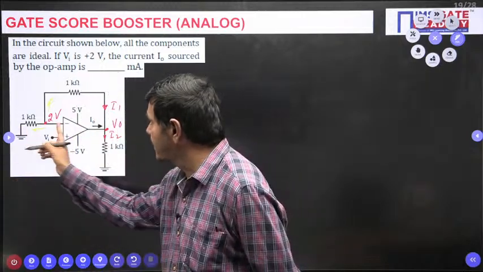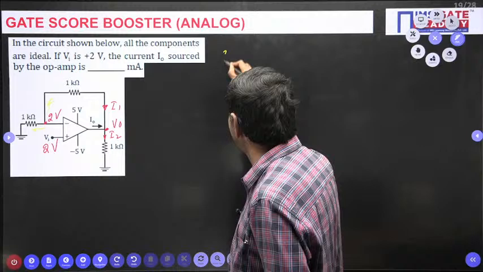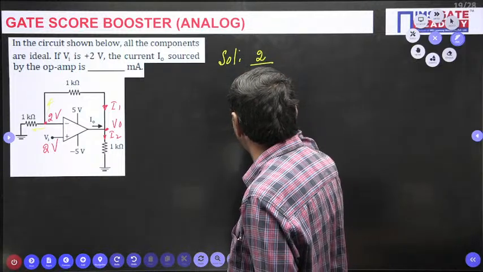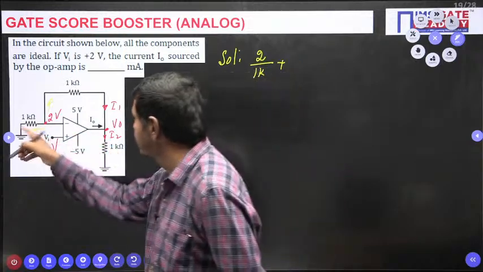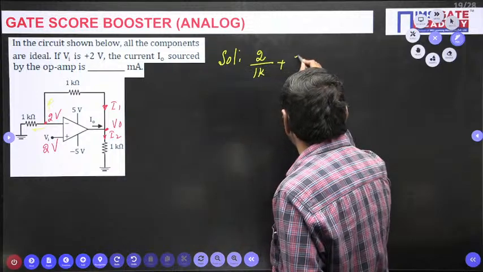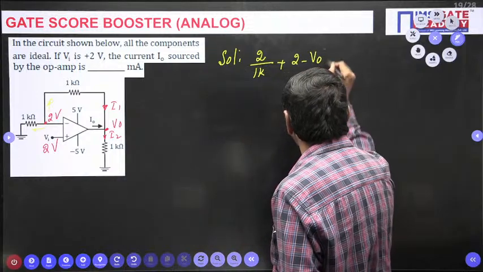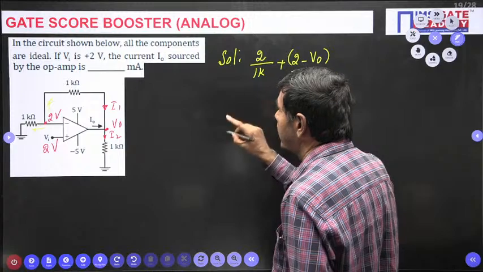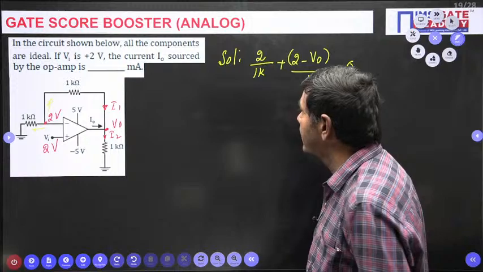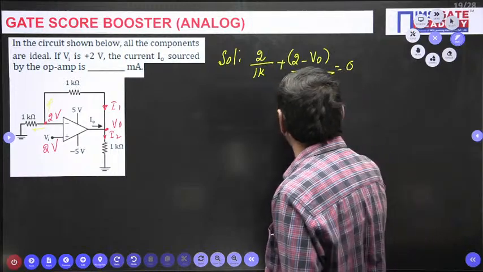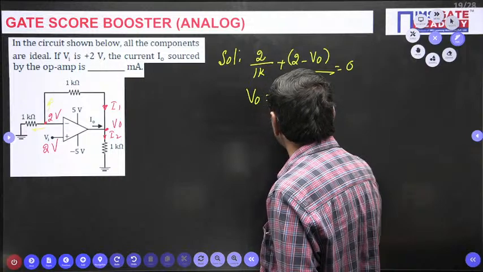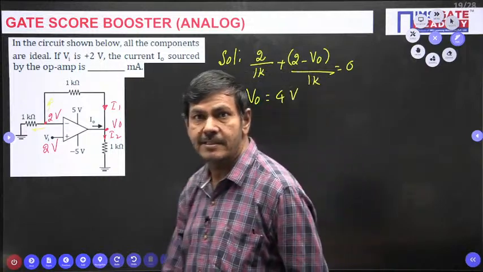So this current is 2 by 1K plus this current, 2 minus V0 by 1K, equal to 0. Finally 1K cancels. V0 is nothing but 4 volts.